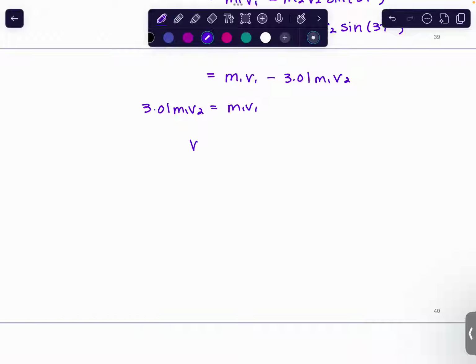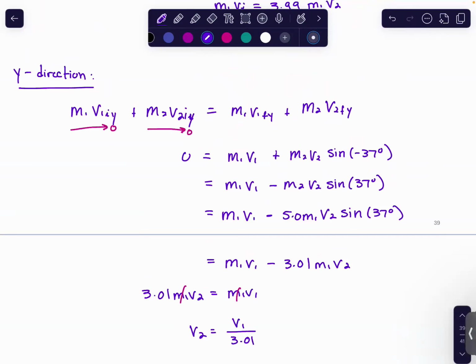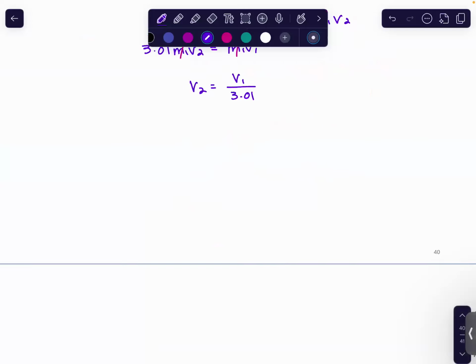And so then v2, because I need to substitute in v2, so I need to find what it equals. Okay, so I see that the m1s are going to cancel out, and my v2 becomes v1 over 3.01. Now, I'm going to take that and plug it back in to here.